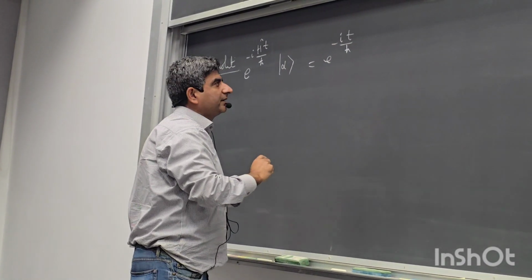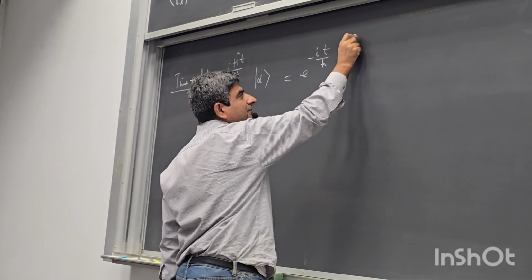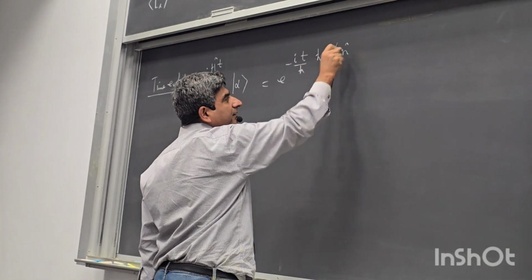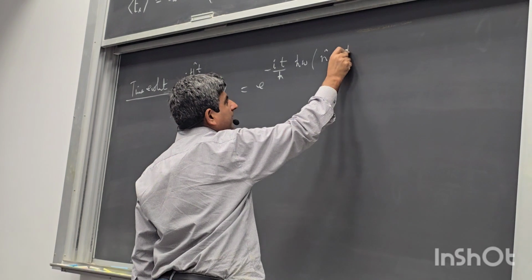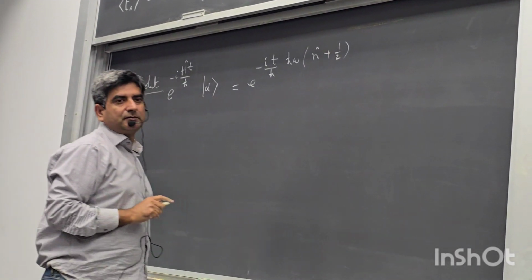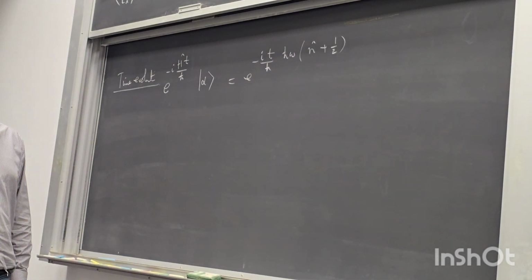Now what is the Hamiltonian? The Hamiltonian is h bar omega, a dagger a plus 1/2, the number operator plus 1/2. Correct?